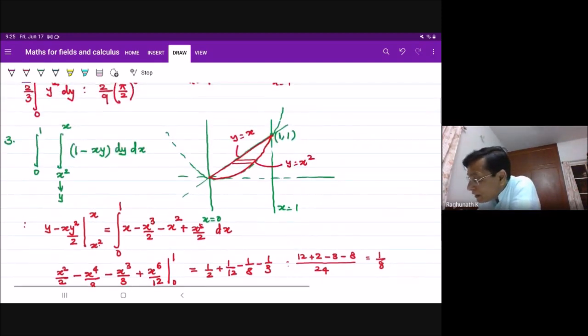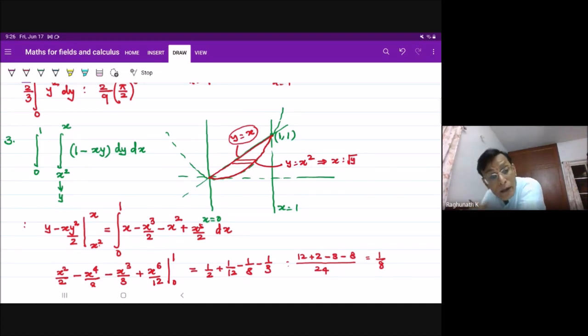Please see this. This is x is equal to y. This implies x is equal to root y plus root y only, because we are staying above. There can be places where you have to take it as minus root y also, right? You should know.